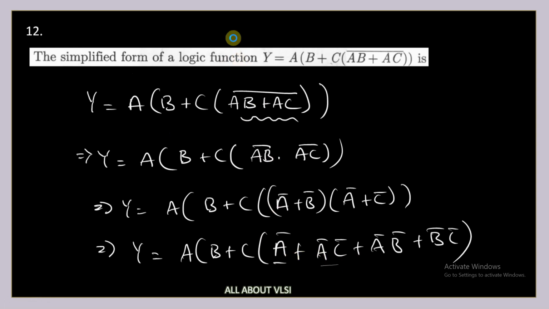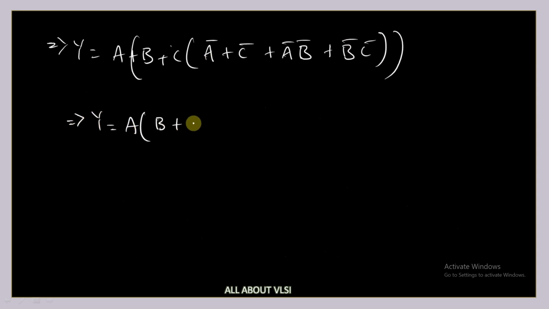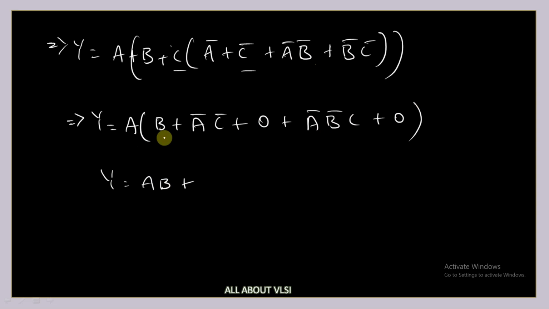So Y = a(b + c(a̅ + a̅b̅ + b̅c̅)). If I multiply this entire thing, Y = a(b + a̅c + a̅b̅c + c·c̅ is 0, ...). Multiplying this term, Y = ab + a·a̅ is 0 + 0 + a·a̅ is 0 + 0. So my final answer is AB.